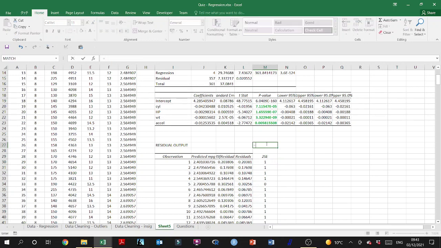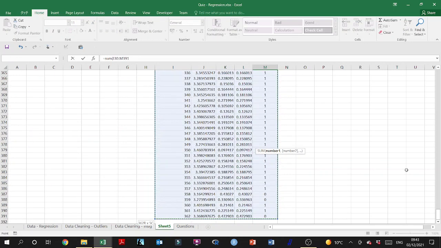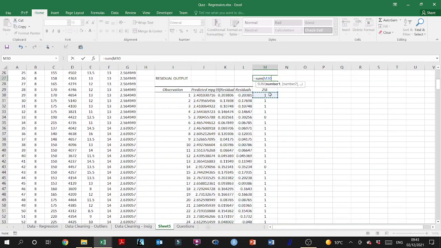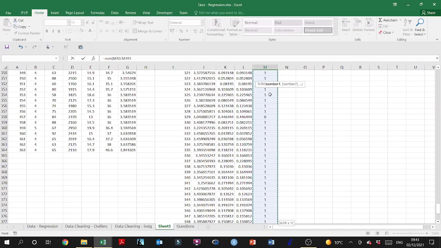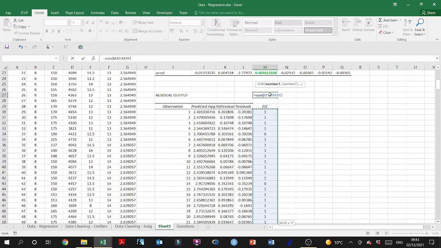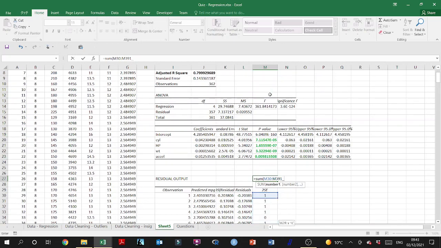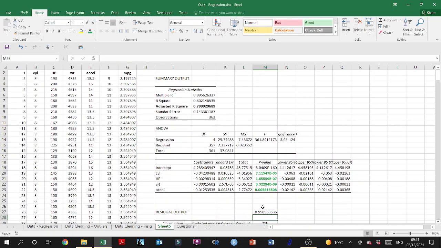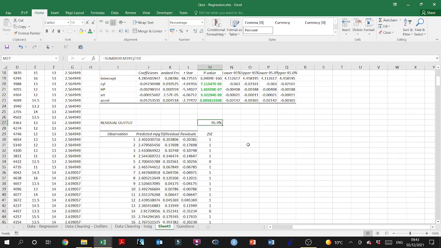And now we want to find the sum of all this, over the observations. And we have 95% of the observations within 2 standard errors. So we are fine. Not the observations, but the residuals.